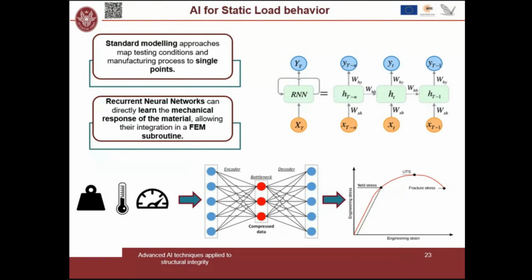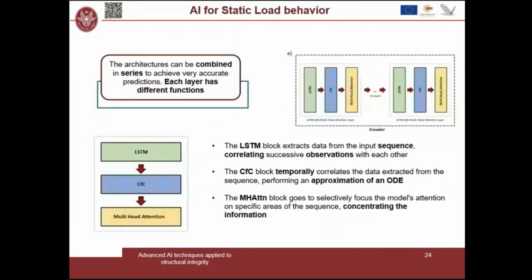So you can use them also inside a FEM subroutine. Because, for example, we are trying to optimize, I don't know, something. And by doing a subroutine that uses a neural network under the hood, you can speed up your computation. Or you can do some custom, maybe a design.